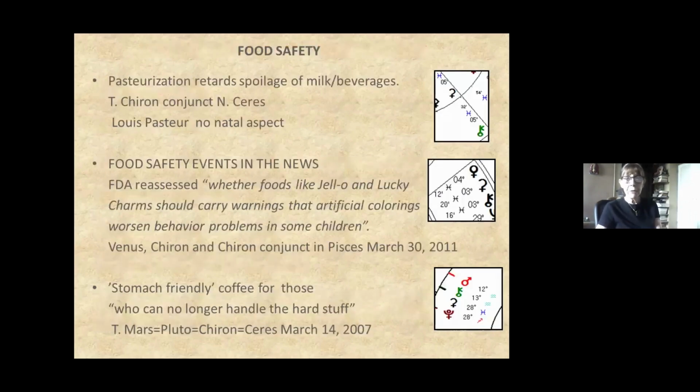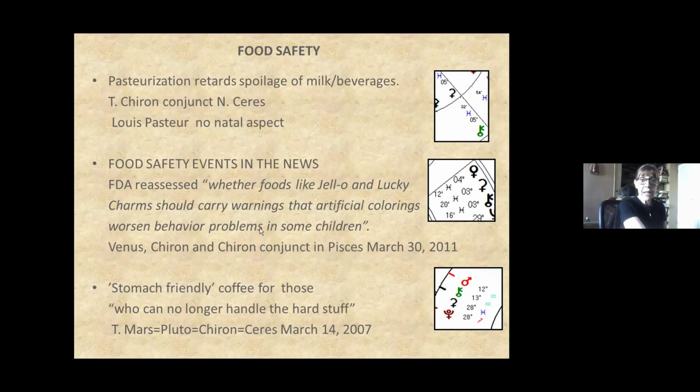So let's talk about food safety for a minute. When Pasteur, who has no natal aspect, came to the realization that he discovered pasteurization, retarded spoilage of milk and beverages, transiting Chiron was conjunct natal Ceres.